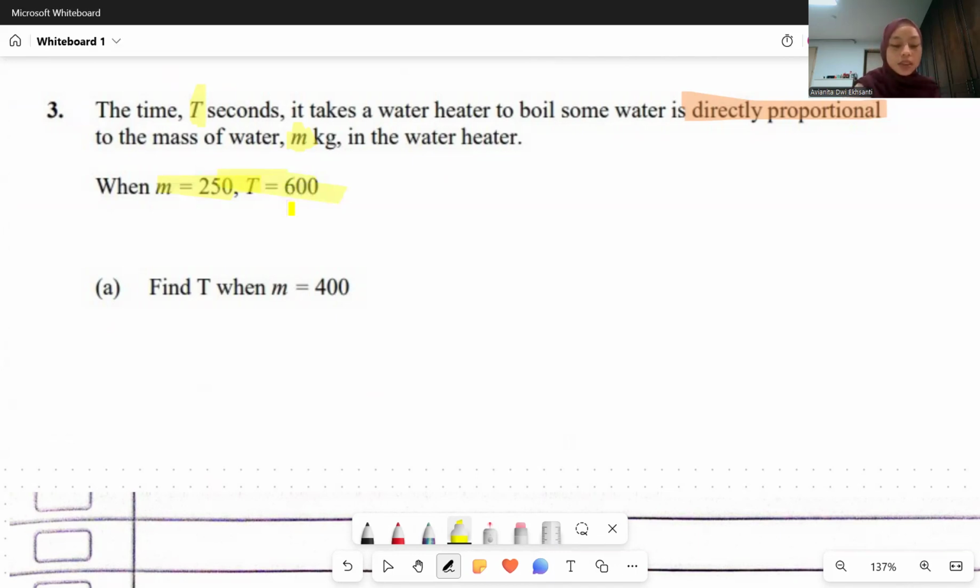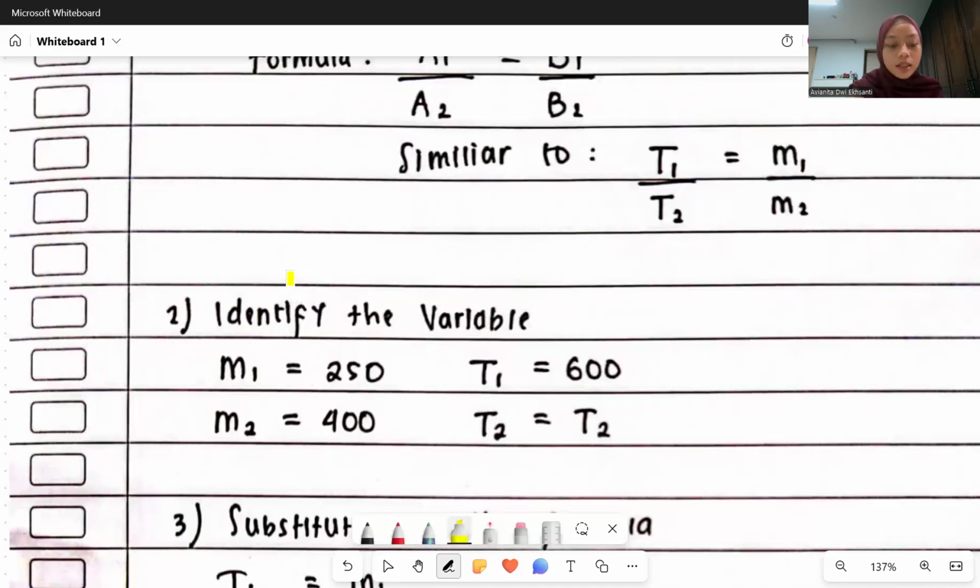For the second situation, mass equals 400 and the time, T2, is what we want to find. So we have M1 equals 250, T1 equals 600, M2 equals 400, and T2.